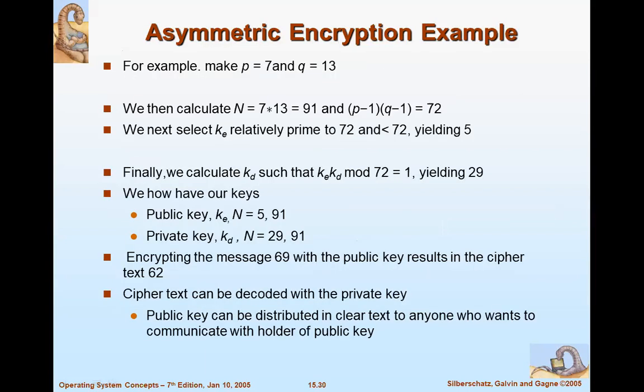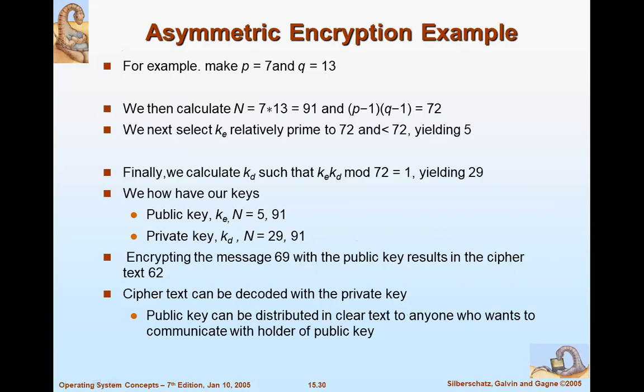Over here you can see in this example that we have p equal to 7 and q equal to 13. We then calculate n, and here n is 7 multiplied by 13, which is 91.